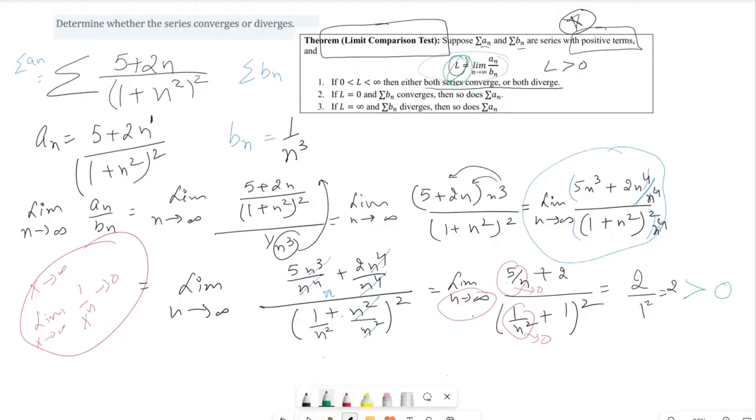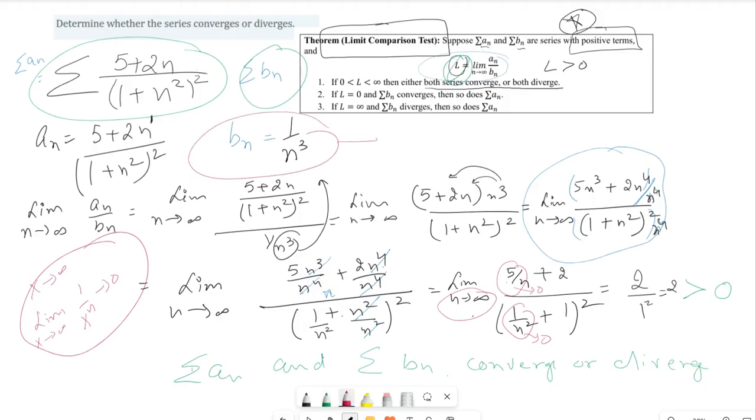If L is positive, we claim that the given series, sigma a_n, and the new series, which we claimed, sigma b_n, converge or diverge together, right? But what do we know about this one? This is a p-series with p equal to 3, which is more than 1.